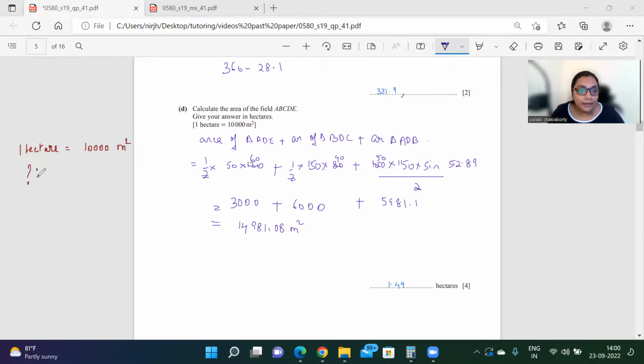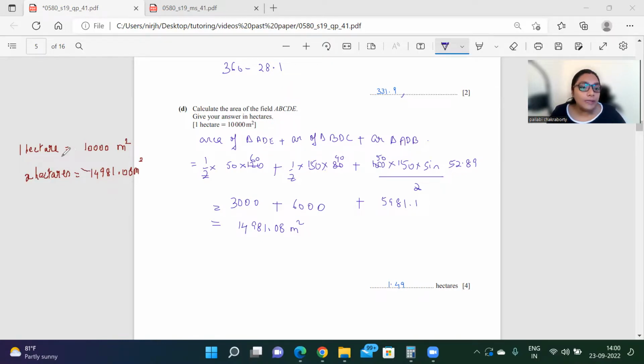How many hectares will be equal to 14981.08 meter square? So how do we find this question mark or x? Let's say this is x, that is the unknown. We usually put unknown as x, isn't it? You can take any other value, but yeah, we prefer x always, right?